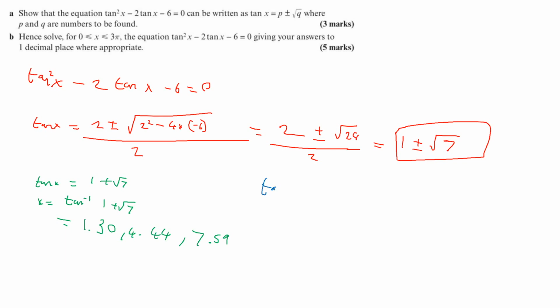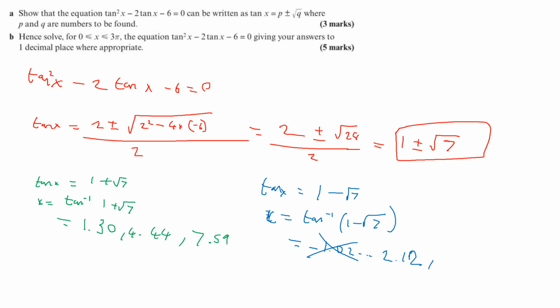If tan x is going to be 1 minus root 7, then x is just going to be the inverse tan of that, which is equal to, the first value is going to be a negative, negative 1.02, whatever. We can't use that value. So let's add pi to get 2.116 or 2.12.